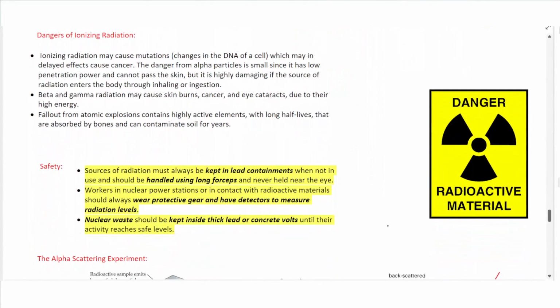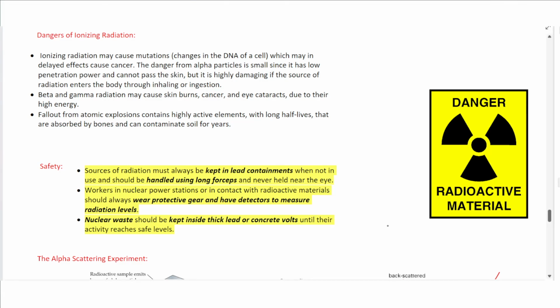Now, for the dangers of ionizing radiation or radioactivity, ionizing means you can change the structure of an atom. If you change the structure of DNA in a cell, now the cell has no function and it is considered a cancer cell, or it can cause mutation. It can cause the cell to function differently in the body. Now it is not doing its own function, which causes damage to the body.